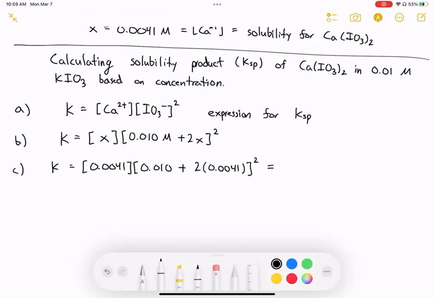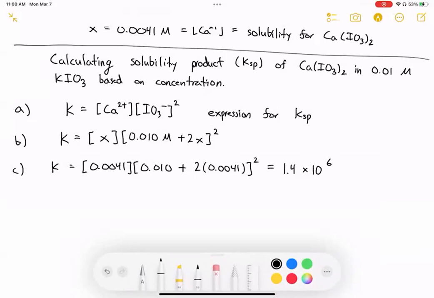So if we do that, our Ksp is 2 times 0.0041, plus 0.010, square that whole value, multiply by 0.0041, and we get 1.4 times 10 to the negative 6.